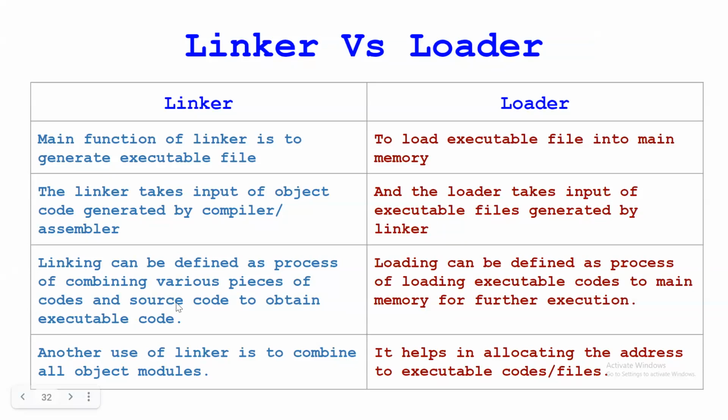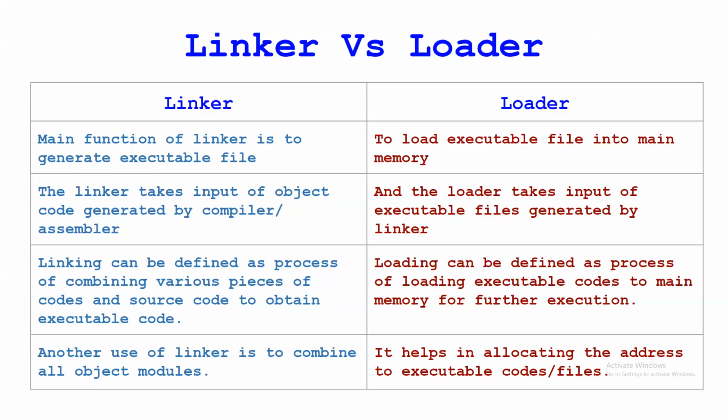Now the third difference is what? Linking can be defined as a process of combining various pieces of code and source code to obtain an executable file. It is just combining the multiple object files, some of which are program object files and some library object files.